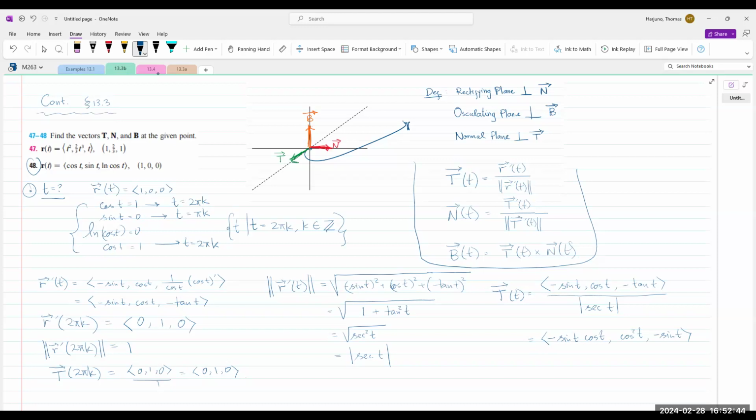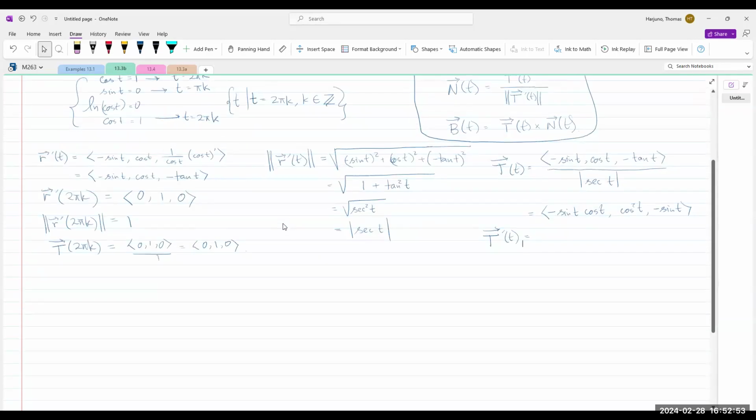Now when I take the derivative, what is the derivative of negative sine t cosine t? That will be negative cosine t times cosine t plus sine squared t.